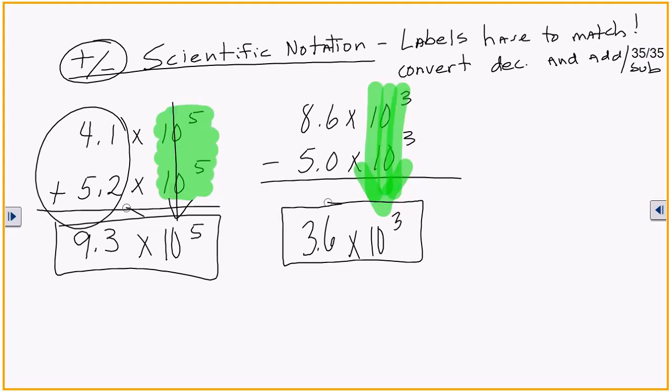So if the labels, and that's what I call the highlighted area, if the terms are the same, you just bring down the terms or the labels. 8 boxes of cereal minus 5 boxes of cereal is 3 boxes of cereal. So the labels don't change, whether you're adding or subtracting scientific notation. If the labels are the same, you just bring it down.